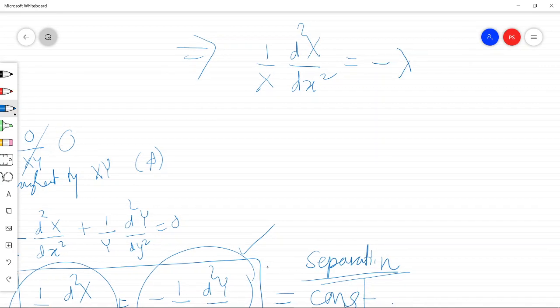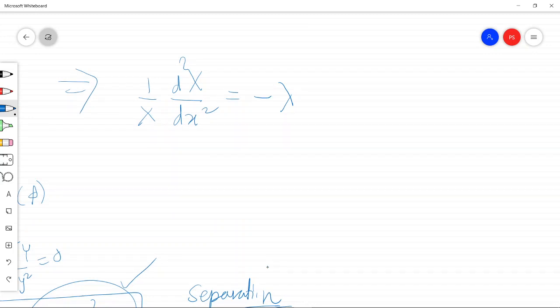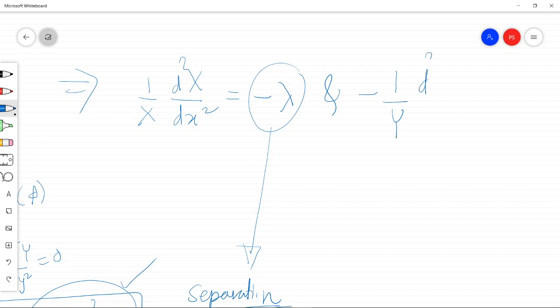There is no need to take this as negative; we are just taking it for no specific reason. This minus lambda is that separation constant which we are talking about, and minus 1 by Y, which is the other term on the right hand side, d2Y by dy squared is equal to minus lambda.